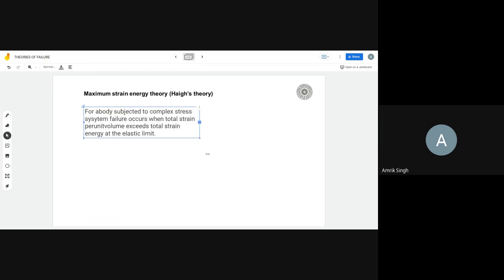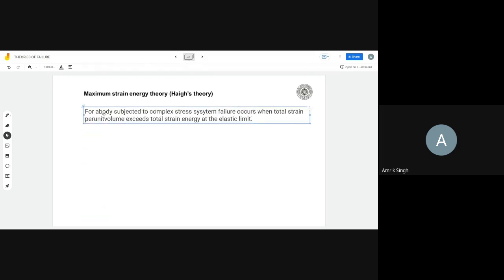So let us check what is written. For a body subjected to a complex stress system, failure occurs when the total strain energy per unit volume exceeds the total strain energy at the elastic limit.